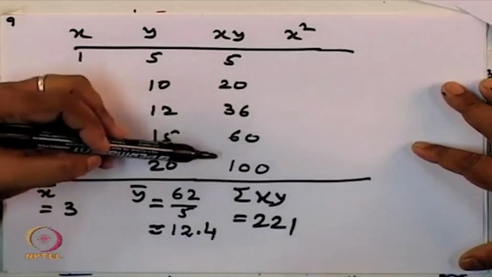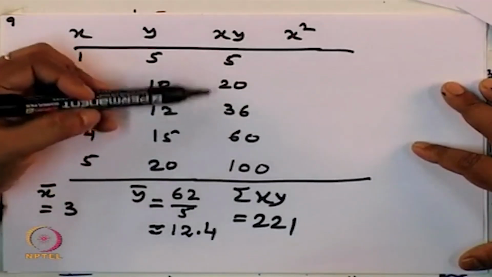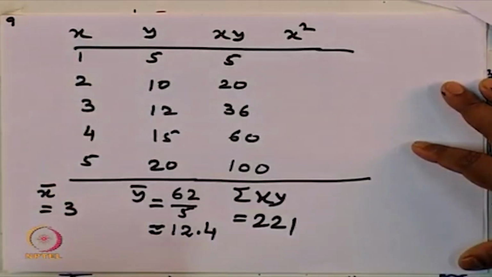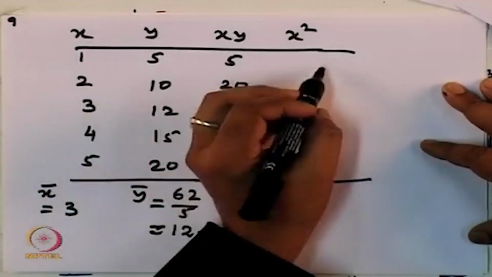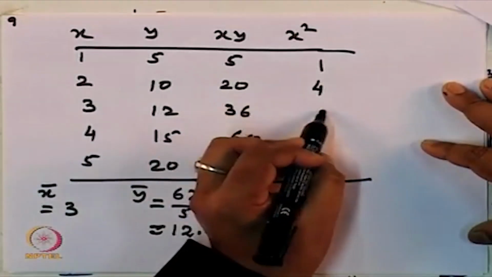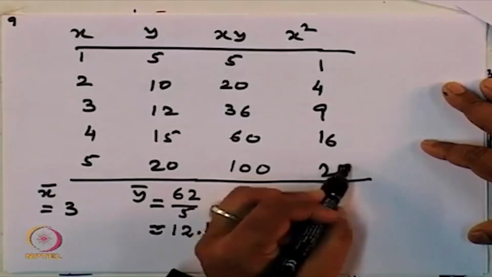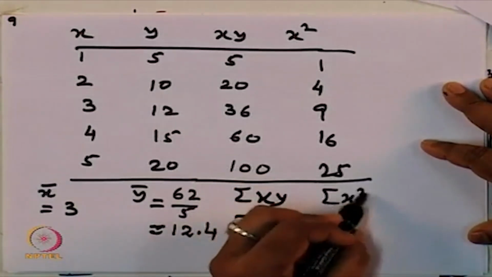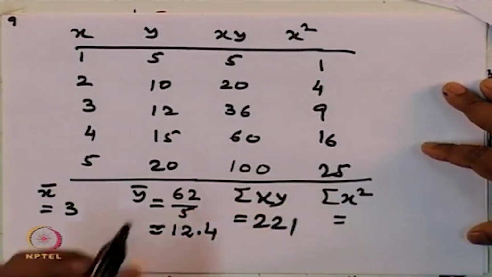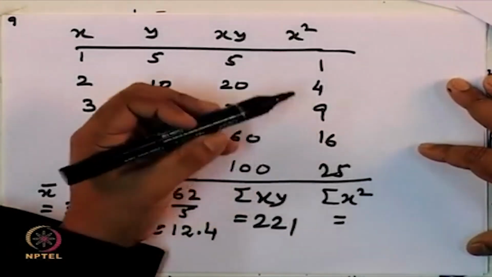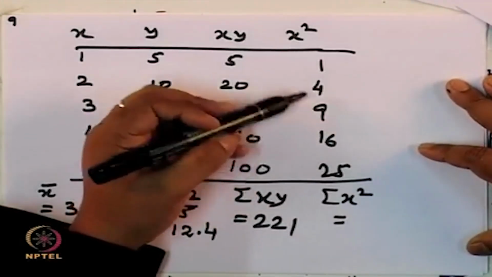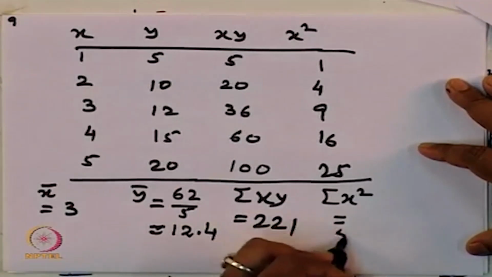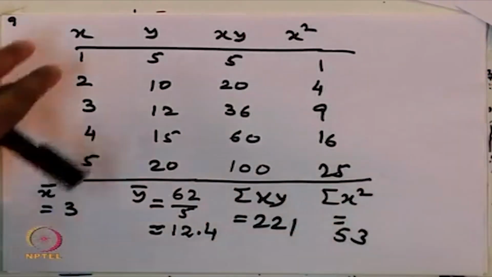Let me just cross check again. Yeah. x square is 1, 4, 9, 16, 25. So, summation x square is equal to 55. Okay. So, this is summation x y.